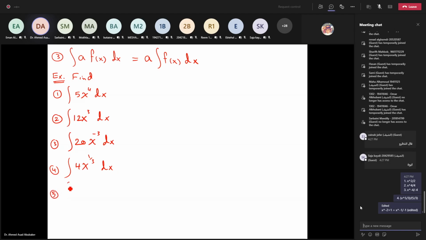Number 5: the integral of the cube root of x over 3 dx. Number 6: 2 over 9x squared dx.